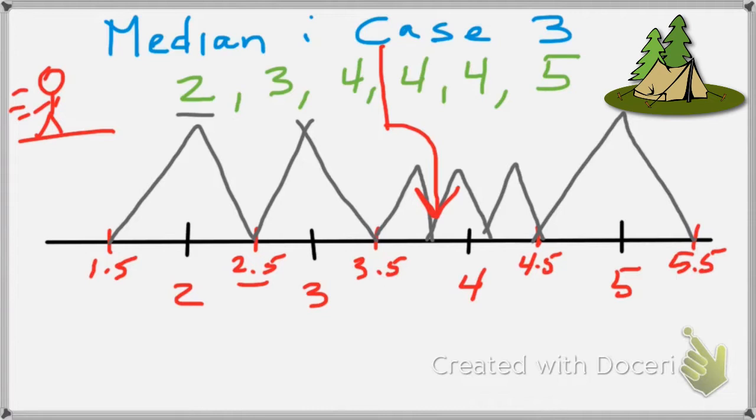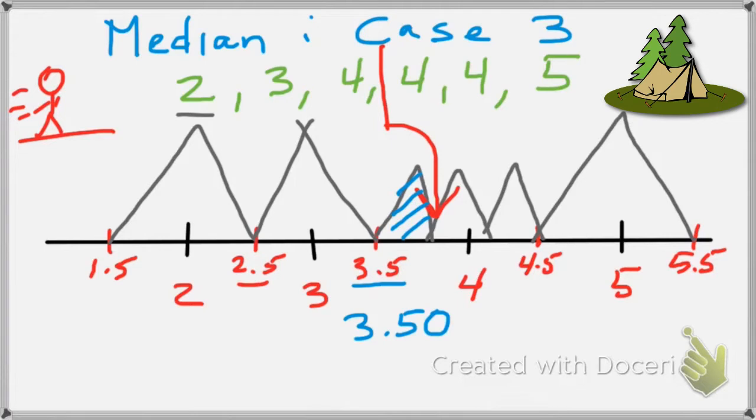Now you can already kind of see what the answer is going to be. Am I pointing to 4? The median is not pointing to 4. It's pointing to something a little bit less than 4. So how do I determine the precise value? Let's start with the lower real limit. If we start there at 3.5 miles, we have to add 1 tent.